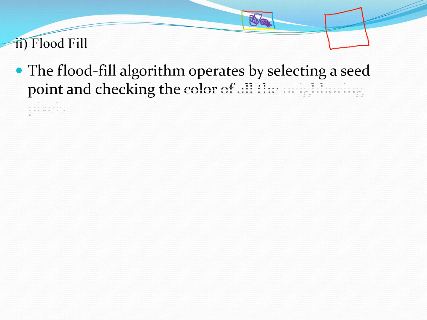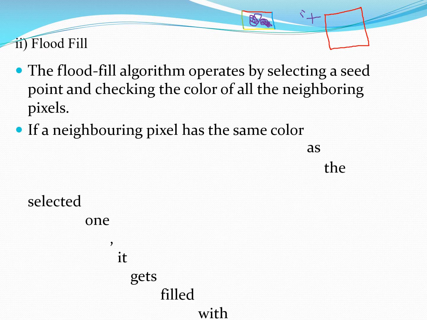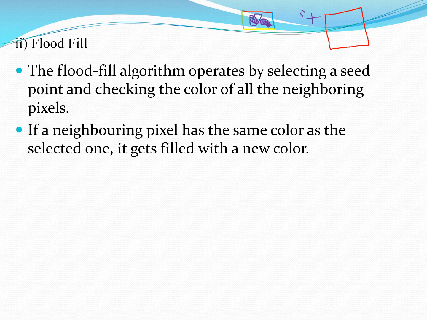and continue to fill the polygon. Basically, it operates by selecting a seed, that is nothing but a pixel, and checking the color of all the neighboring pixels: top, bottom, right, left, and diagonals for 8 connected, right? So it will first check that the pixel is inside.